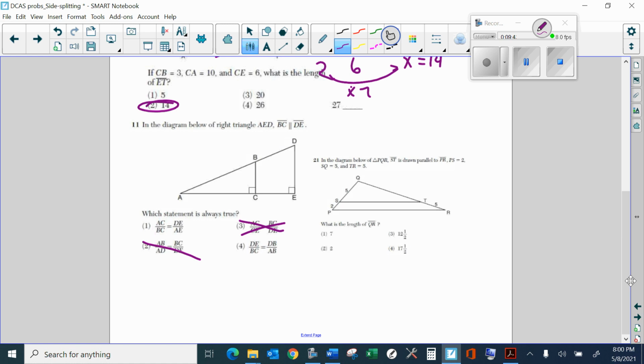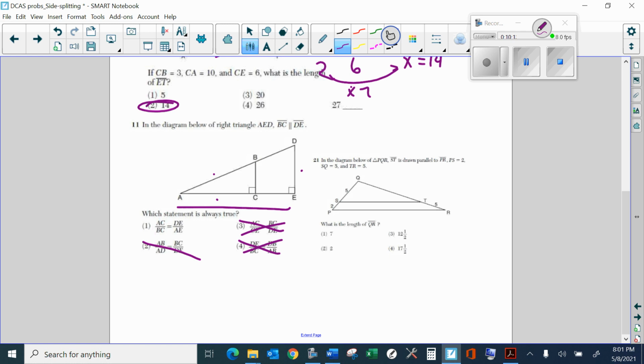DE over BC. These are full sides to full sides. DB is not a full side, so that doesn't work. That's out. So dang, it was A. AC over BC equals DE over AE.